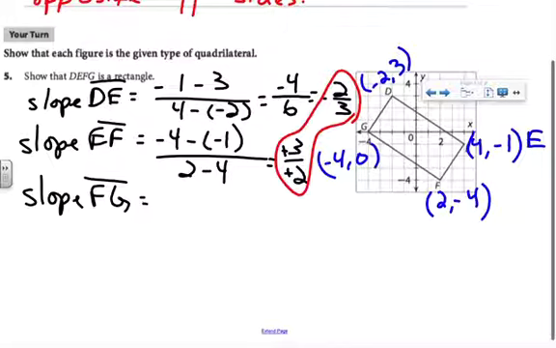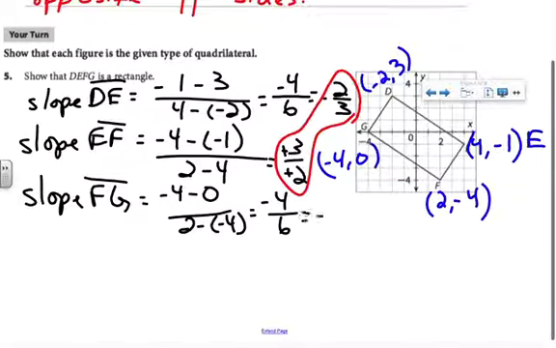Slope of FG, negative 4 minus 0 over 2 minus negative 4. So that's negative 4 over 6, which reduces to negative 2/3. Notice how those are equal.